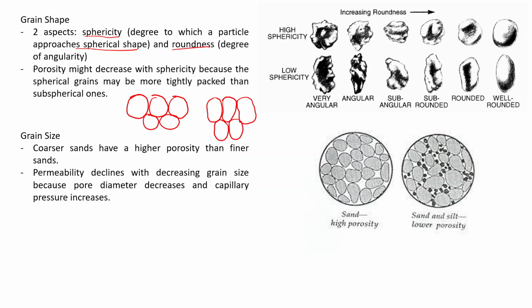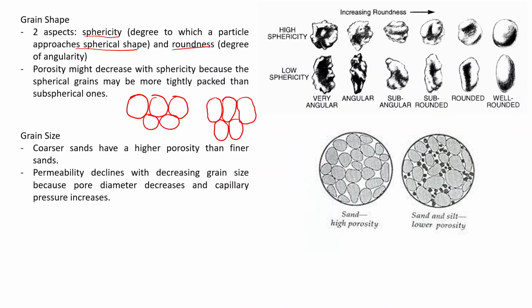Second is the grain size. So we all are aware of the different types of grain sizes. We have the classification of the sediments as gravel, then we have sands, and then we have clays. The gravels are too big to be considered rock forming material. They may of course be quite larger in size.